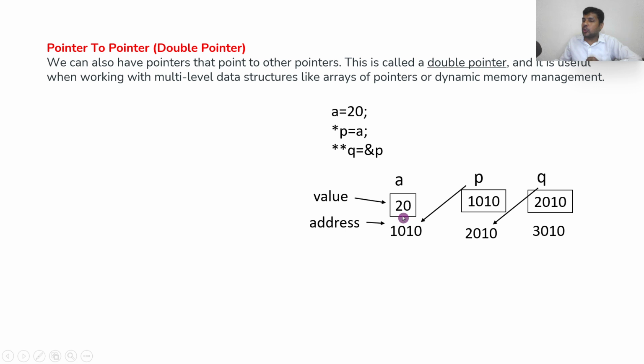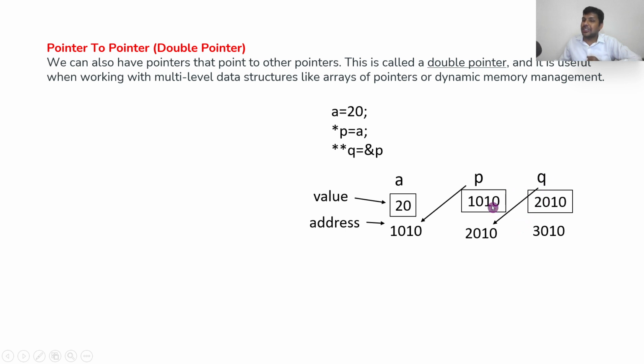See, a will store 20 and its address will be 101, p will be 1010, and when I say *p, it will be 20 because it will print the value. When I say q, see what q is storing. q is storing an address, so 2010.